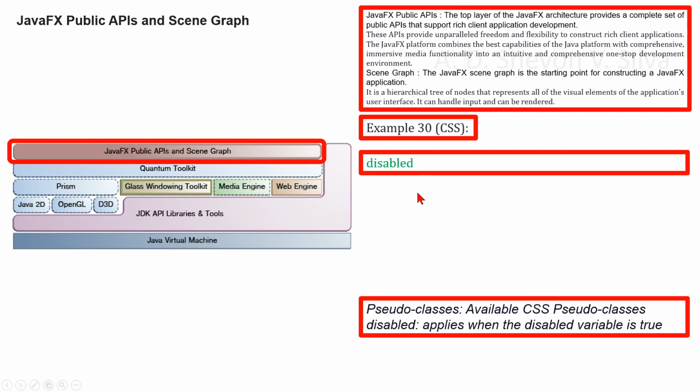Now we are considering available CSS pseudo classes in pseudo classes. The CSS pseudo class disabled applies when the disabled variable is true.